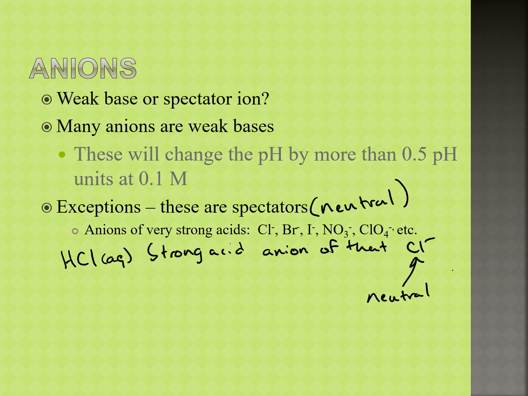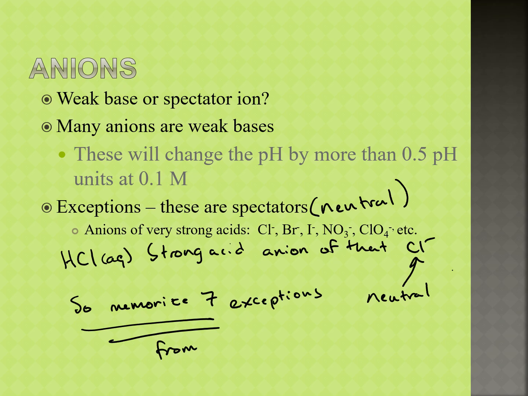This would be neutral in this case. So all you have to do is memorize 7 of these exceptions, and they're from the 7 strong acids that I'm hoping that you've already memorized.